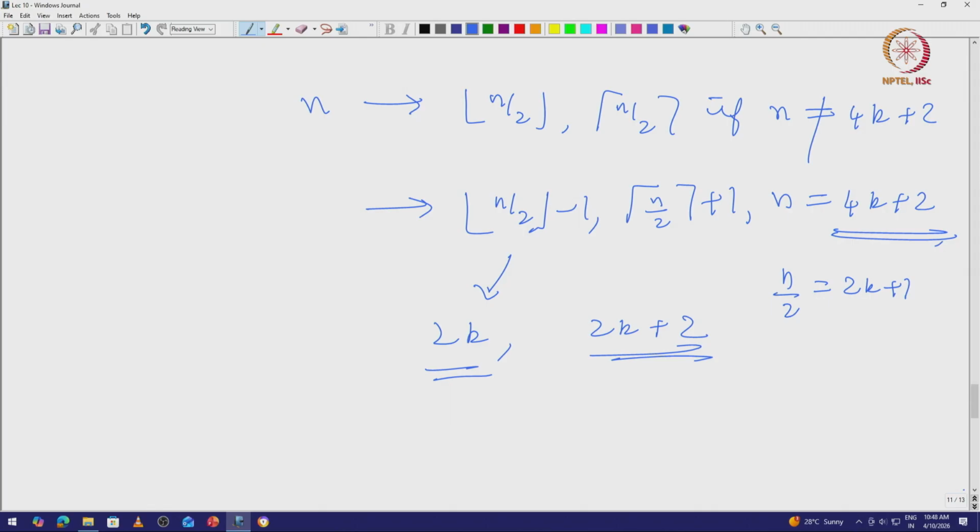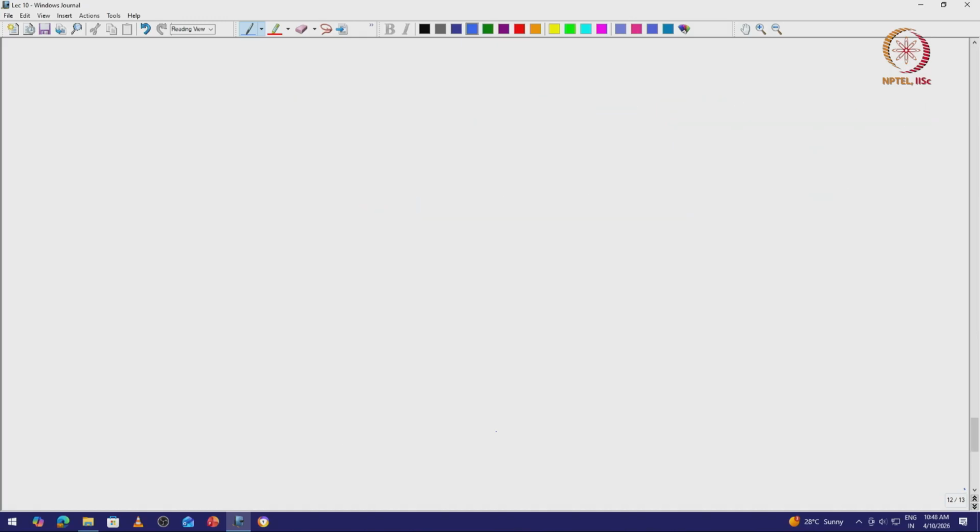Therefore, our third algorithm will have the complexity 3n by 2 minus 2. So, we will summarize. The naive algorithm has got 2n minus 2.